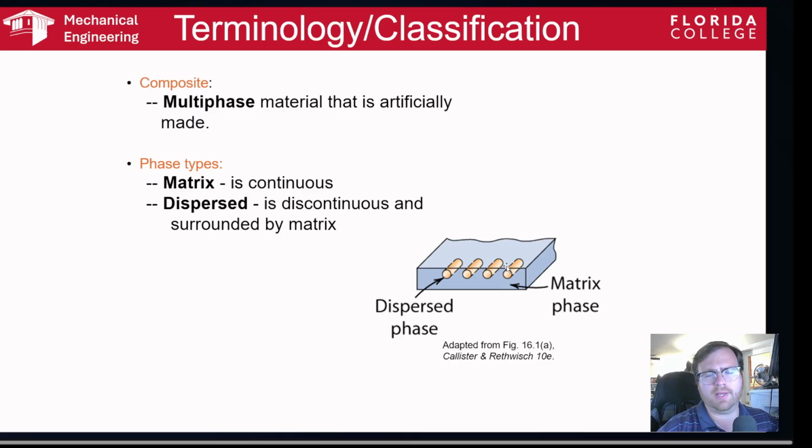So fiberglass, for example, you've heard of fiberglass before. What is fiberglass? Well, fiberglass is literally long strands of glass fibers that have been embedded into a plastic or some kind of polymer matrix, okay? What is carbon fiber? Well, carbon fiber is the same thing, actually. It's long carbon fibers, in some cases carbon nanotubes, that have been submerged into a polymer matrix.